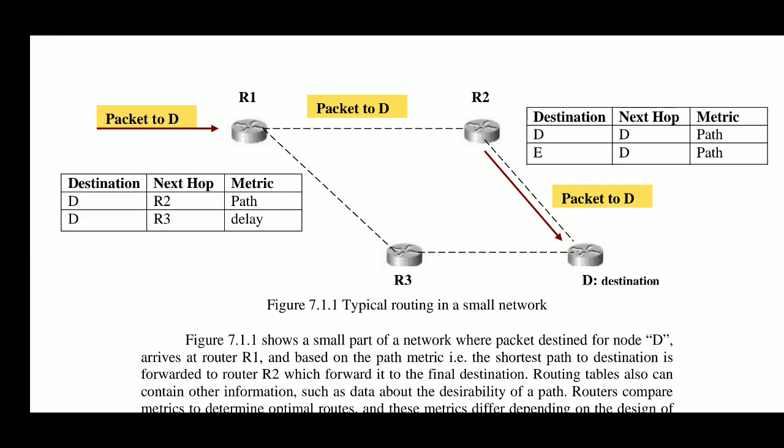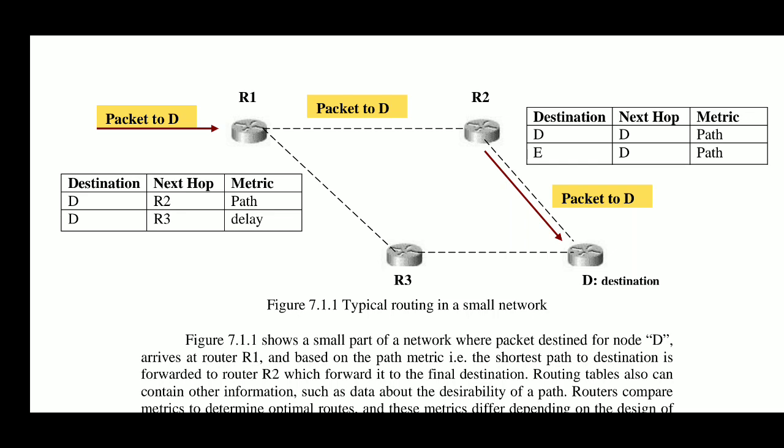So here is an example for that. If router R1 receives a packet and the destination node is D, which is in the header of the datagram, then R1 decides how to reach destination D and what is the next hop in that path.